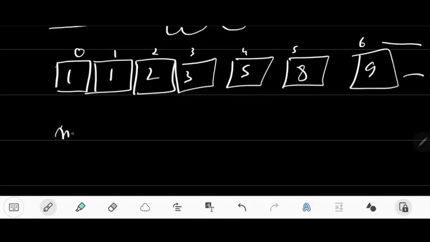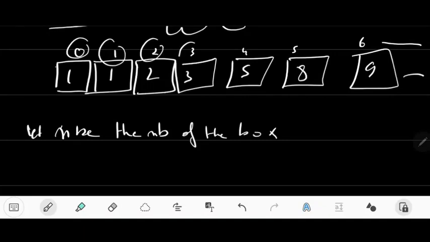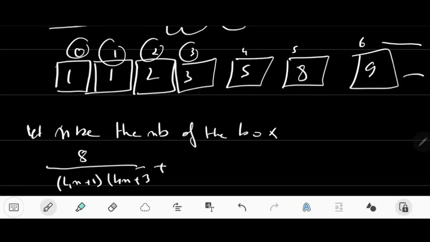Let n be the number of the box. So n is 0 or 1 or 2 or 3, etc. So for each box, the number inside the box will be 8 over 4n plus 1, sorry, 4n plus 3, plus the box before.